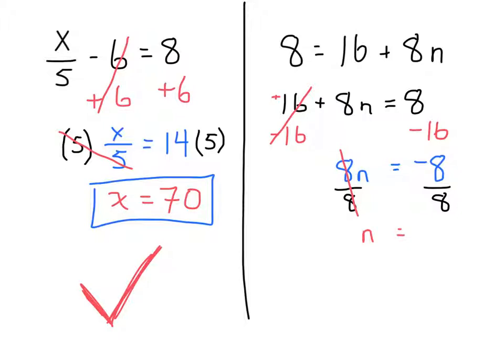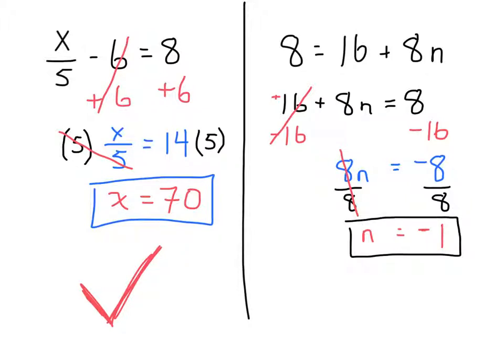And on the right side of the equation, we have negative 8 divided by a positive 8. Remember, a negative divided by a positive is always going to be a negative. So negative 8 divided by 8 is equal to negative 1. So our answer to the equation is n is equal to negative 1.